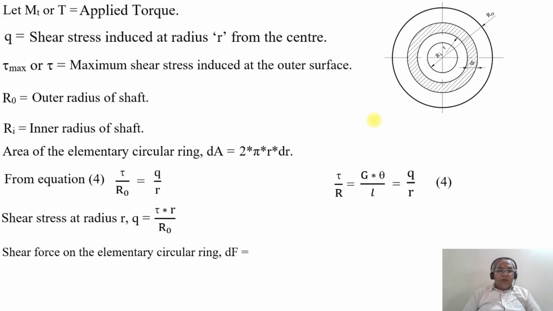Therefore, the shear force on the elementary circular ring, that is dF, is equal to the shear stress into the area of the ring, dA.